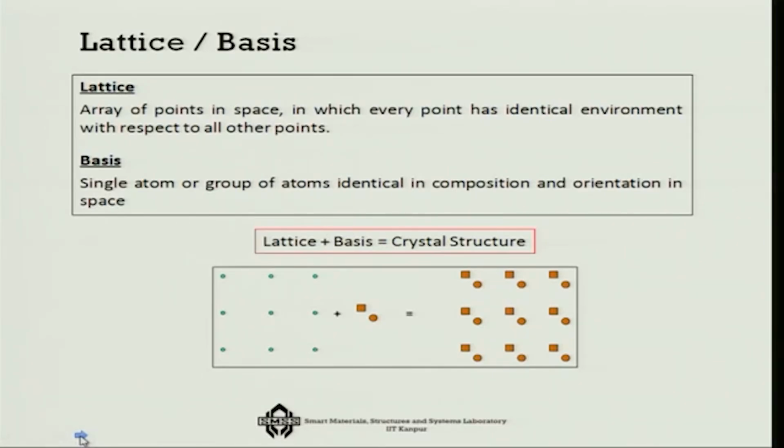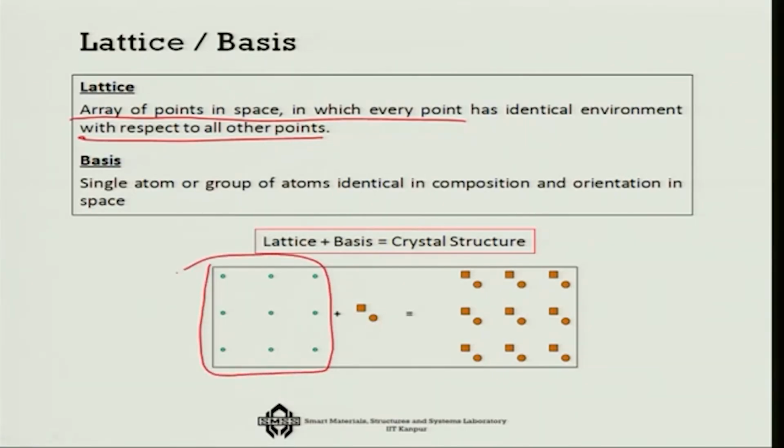Now, one more point we have to keep in mind is that there are 2 important things here. One is called the lattice and another is called the basis. What is the lattice? It is an array of points in space in which every point has an identical environment with respect to all other points. For example, this is a lattice structure where every point has an identical environment with respect to the other points.